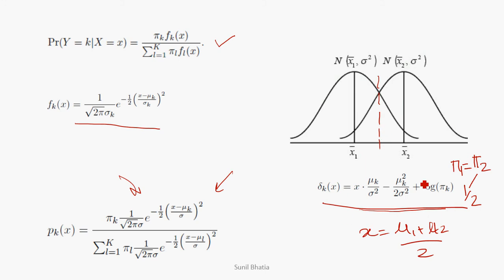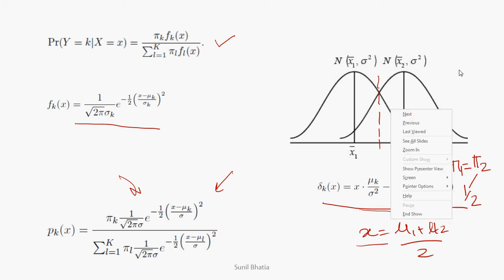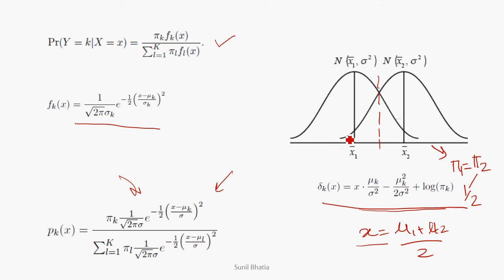So what this tells us is that when we have an equal probability of lying in one of these two normal distribution clusters, and we put in these probabilities of getting into these clusters, we get a boundary equation, and this boundary equation helps us to differentiate between these two clusters. Now suppose this cluster is getting bigger.